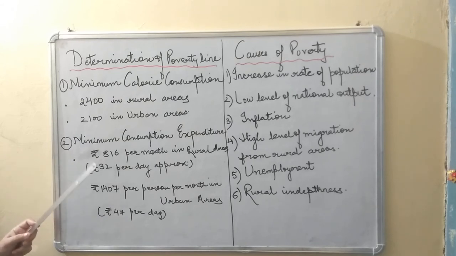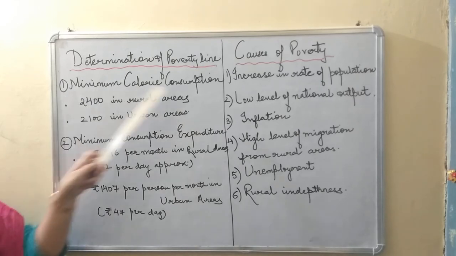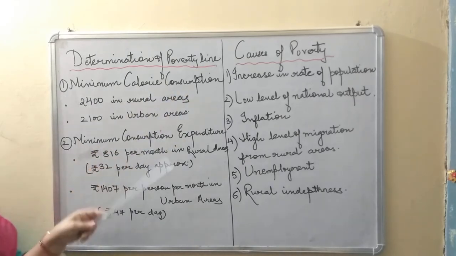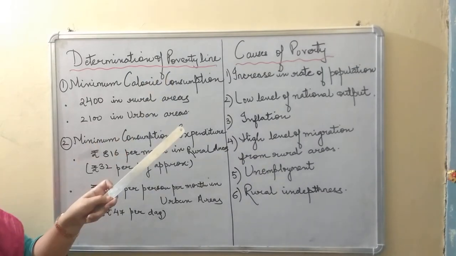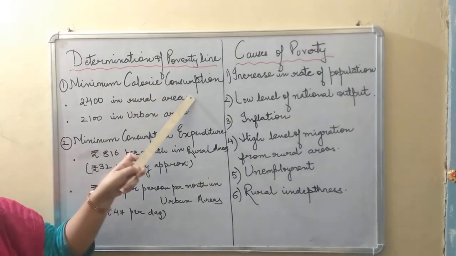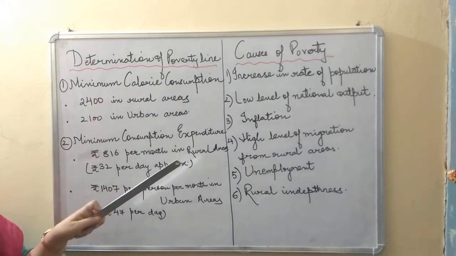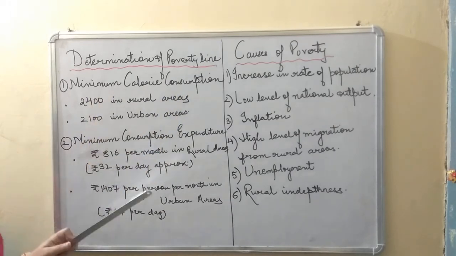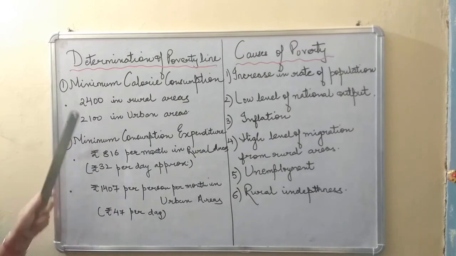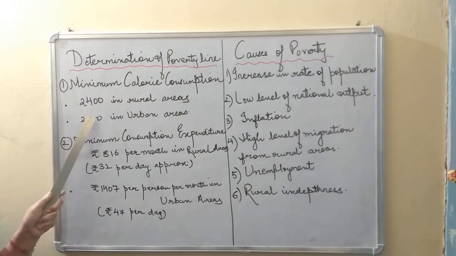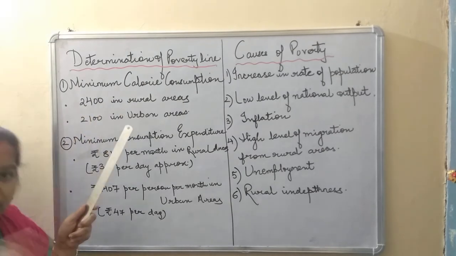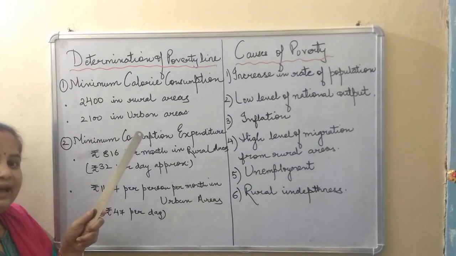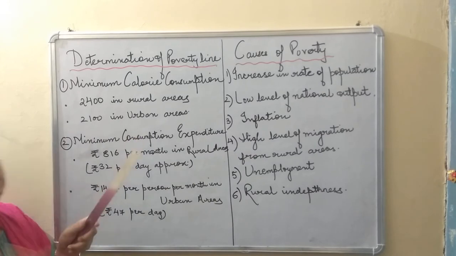First, let us see minimum calorie consumption. According to the government, there are two ways to determine the poverty line. The first method is minimum calorie consumption. Now, minimum calorie consumption means what? See children, in a rural area, on an average, if an individual is not getting 2400 calories per day per person, then that person is said to be poor.